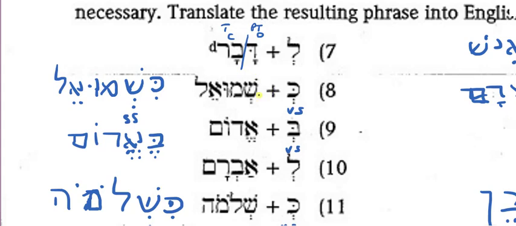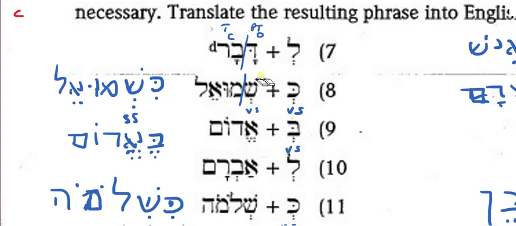Now look at 8. I have a shava under the shin, and this is at the beginning of a word, so you know that that shava must be vocal. All right? So it's sh. Now, can I divide to the left of a vocal shava? The answer is no, I cannot do that, because we let the vocal shavas piggyback onto the next full consonant and vowel syllable.